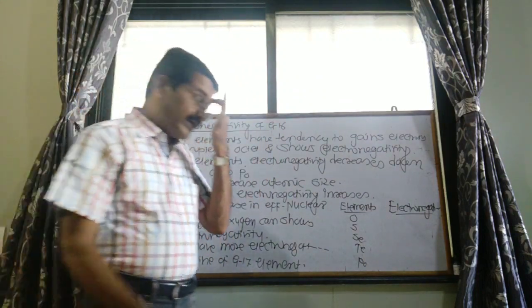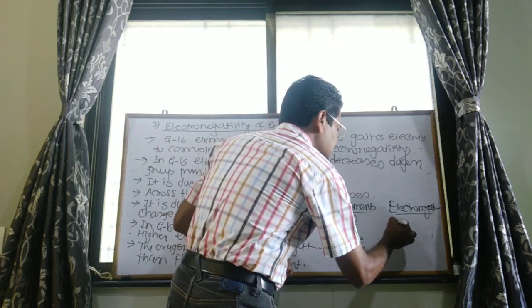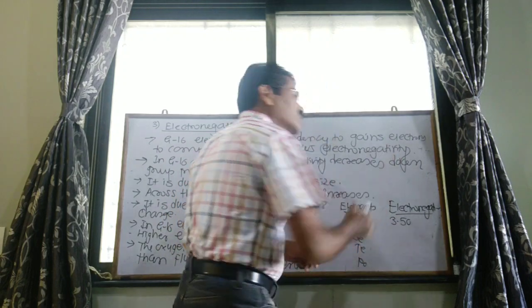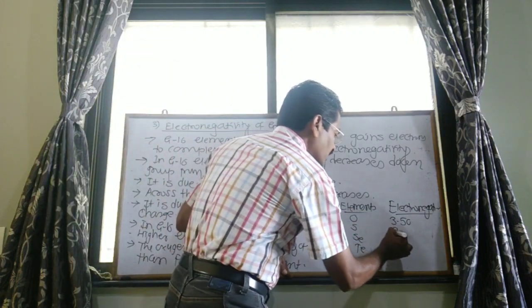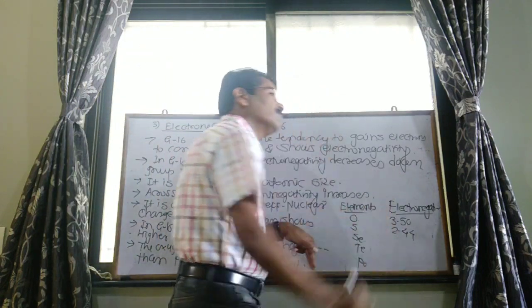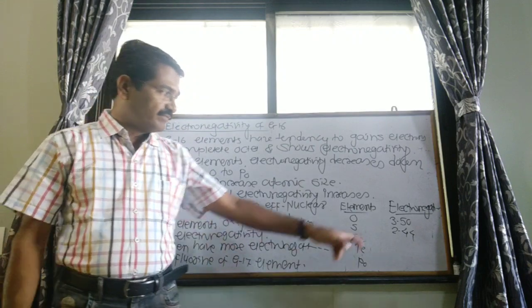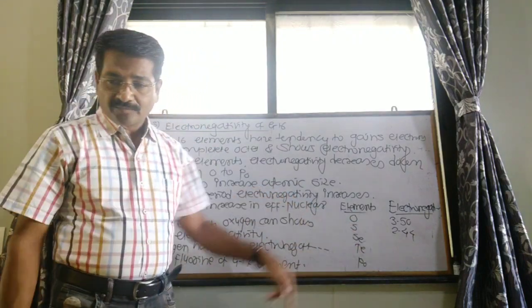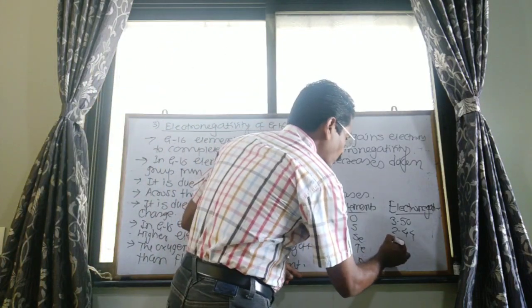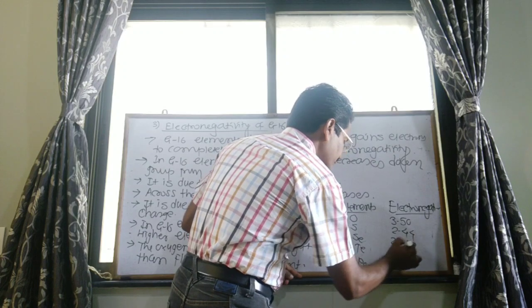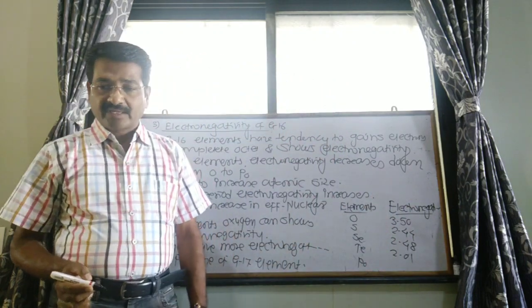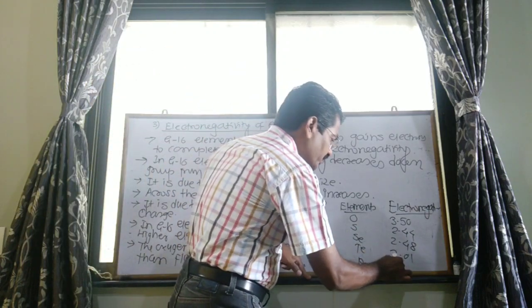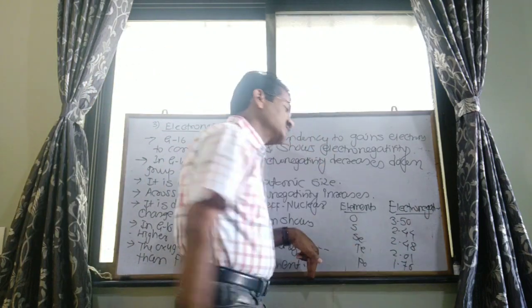The electronegativity of oxygen is 3.50, that is 3.5. Then sulfur 2.44. Electronegativity of sulfur is 2.44. Then selenium 2.48. Then 2.01 for tellurium, and last polonium 1.76.